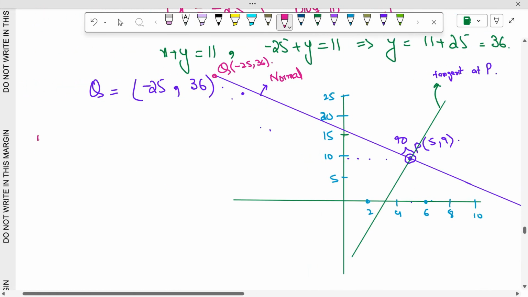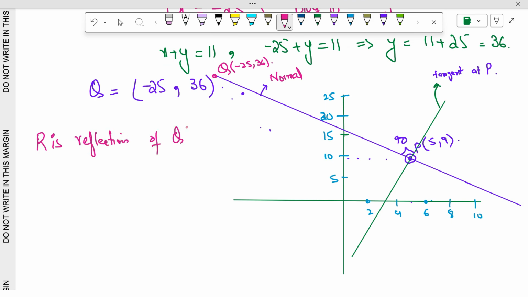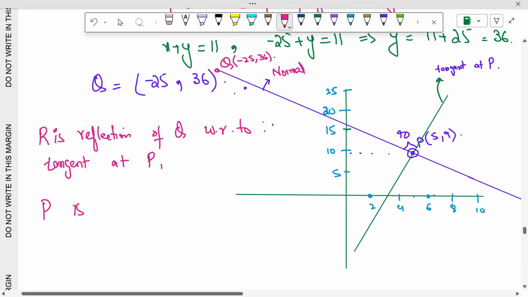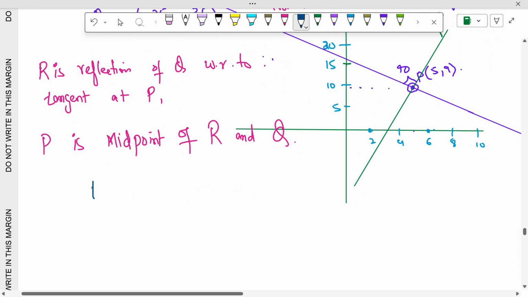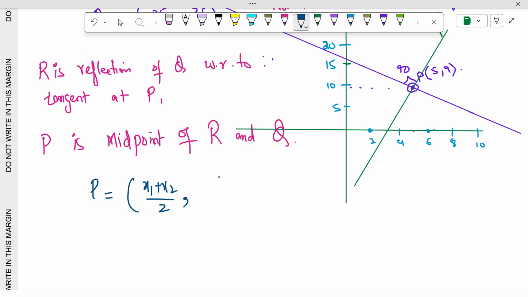So we can say that R is the reflection of Q with respect to the tangent at P. So P is the midpoint of R and Q. So P is the midpoint (x1 plus x2 over 2, y1 plus y2 over 2).